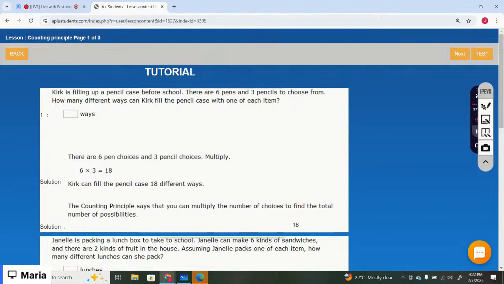There are six pens and three pencils to choose from. How many different ways can Kirk fill the pencil case with one of each item? So, which is the correct option?